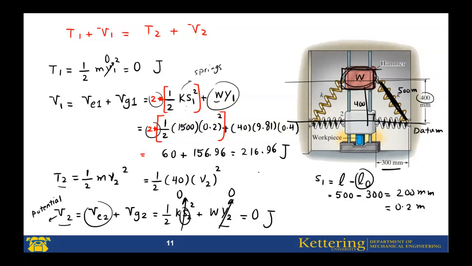Now, we have everything here. If I put into this equation 0 plus 216.96 equal to 1 over 2, this is equal to 20 V2 squared plus 0.